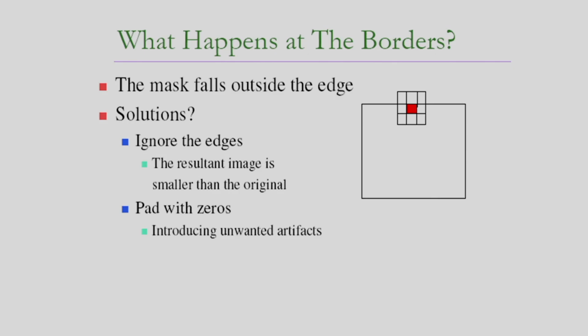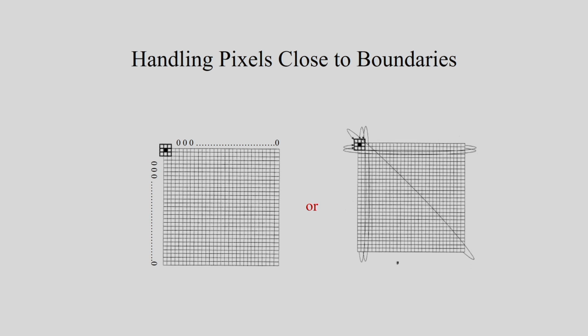If I ignore the edges, the resultant image will be smaller than the original. And if I consider the zero padding, then I will be getting unwanted artifacts. Here I have shown these two cases, one is zero padding and the other is neglecting the boundary pixels.